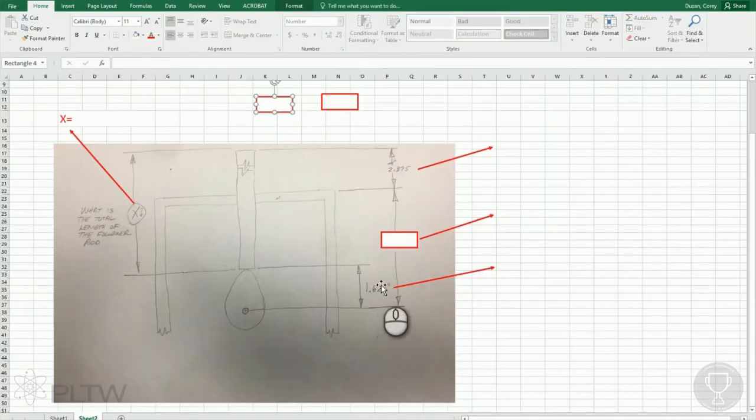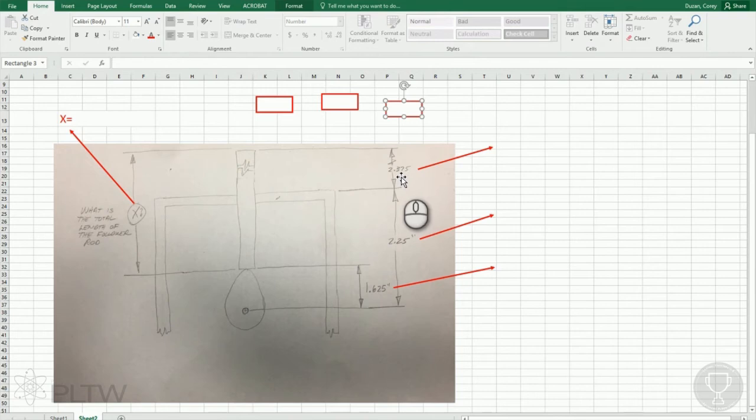The other piece of information we know is if the entire side of the box was 4.5 inches, and you have placed this axle dead center, that distance from the center of the cam to the top of the box would be 2.25. So what is the total length of the follower? When the cam is at its maximum radial length, we know that's going to be 2.375.